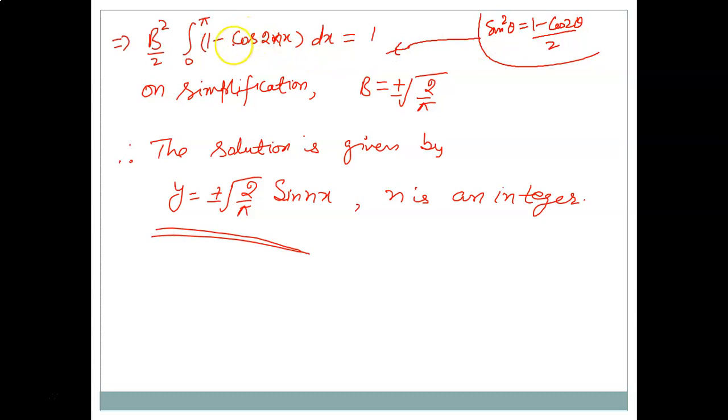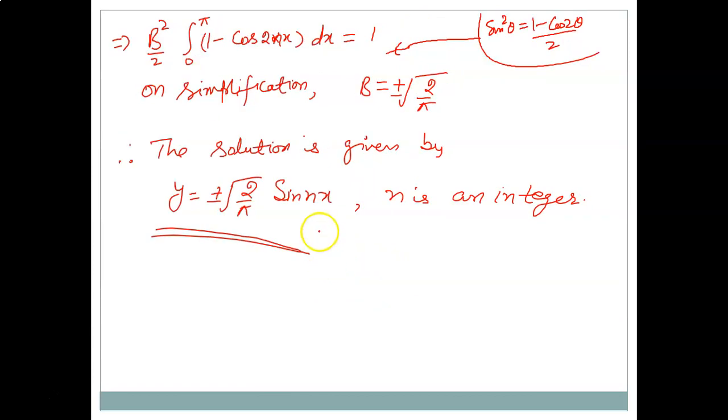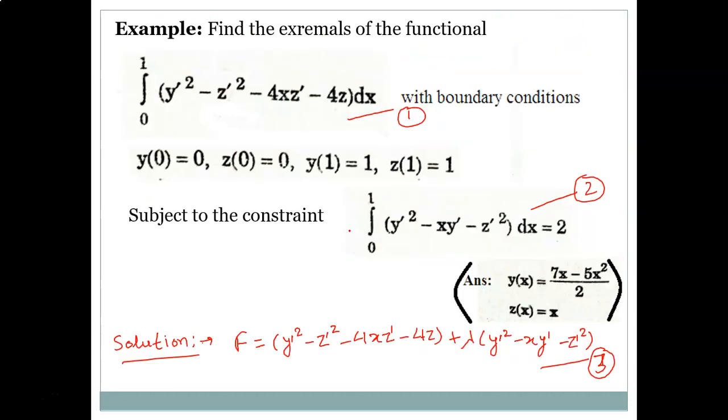So b square by 2 is a constant taken outside, and this integral after simplification gives you the value of b equal to this. Substituting this value of b in y in equation number 15, ultimately you have obtained this value of y, and this is the extremal for the functional given in this statement.